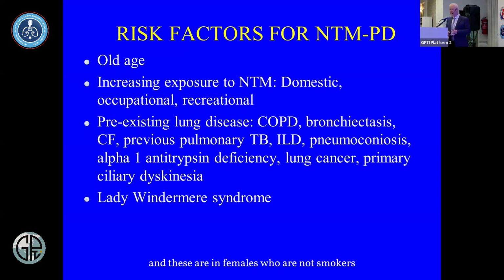These are in females who are non-smokers, thin, middle-aged, elderly ladies, thought not to have an underlying pulmonary disease, but in fact, with the CFTR, the cystic fibrosis transmembrane regulator, they have found that it does have subtle minor genetic mutations, and that's probably why they are predisposed to it. Also these patients usually have skeletal abnormalities like kyphoscoliosis or pigeon chest and mitral valve prolapse, among other things.